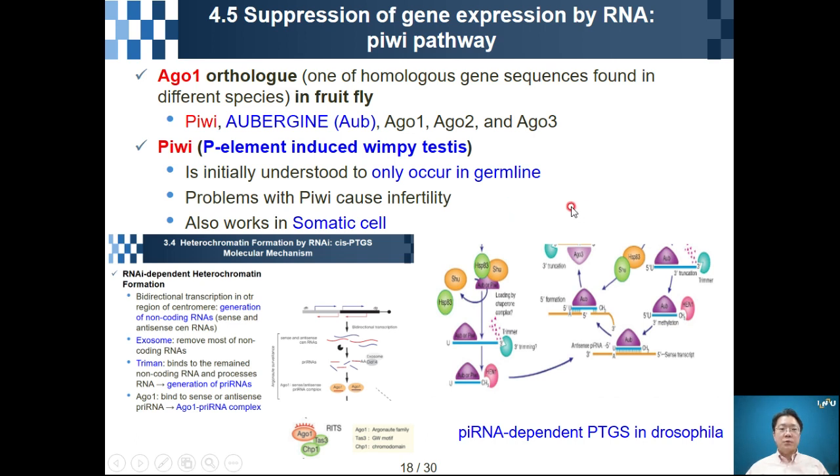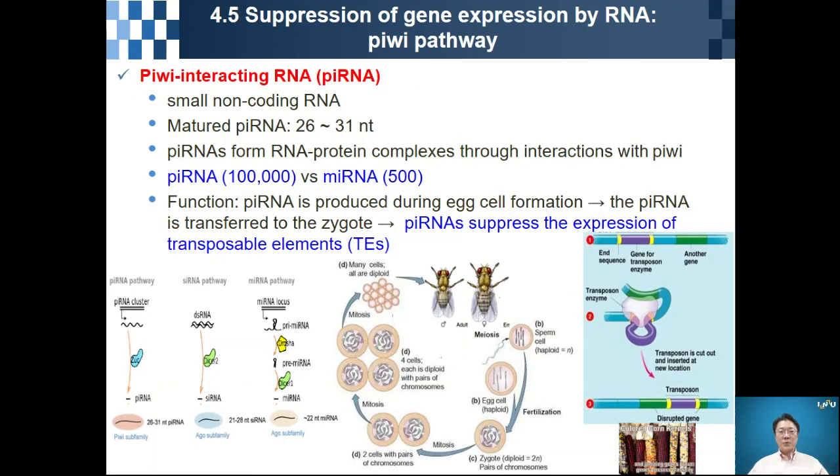But we also found that PIWI works in somatic cells. So it means that PIWI works in the germline cell and also in somatic cells. Okay. In this slide, I will explain the PIWI-interacting RNAs. The short name is piRNA.